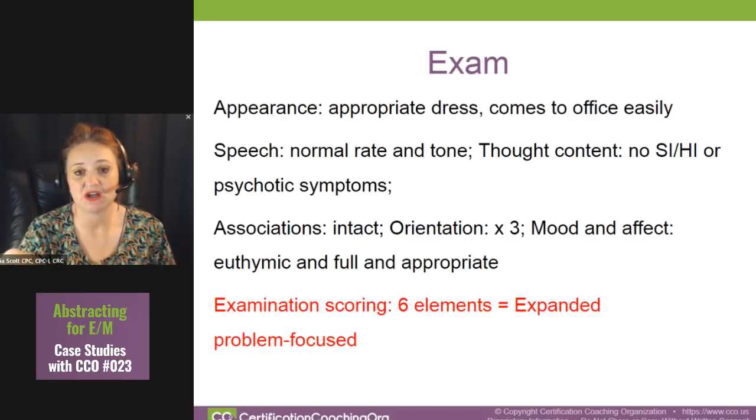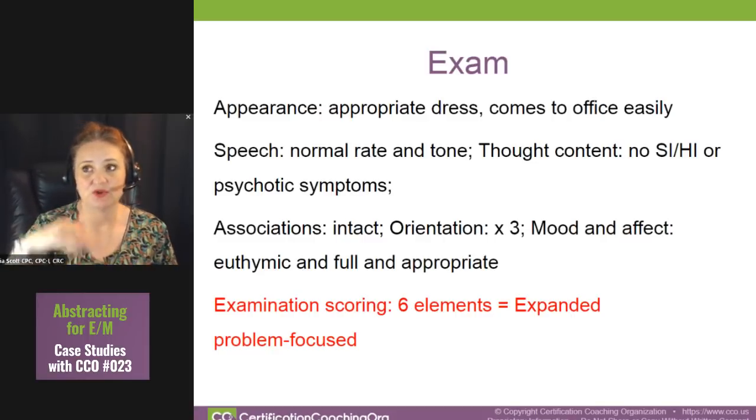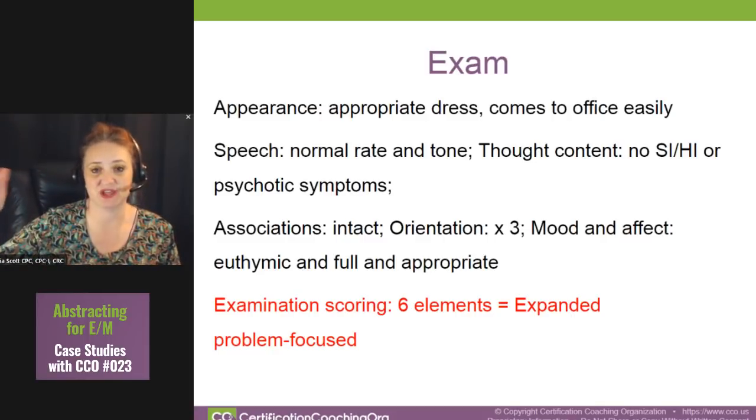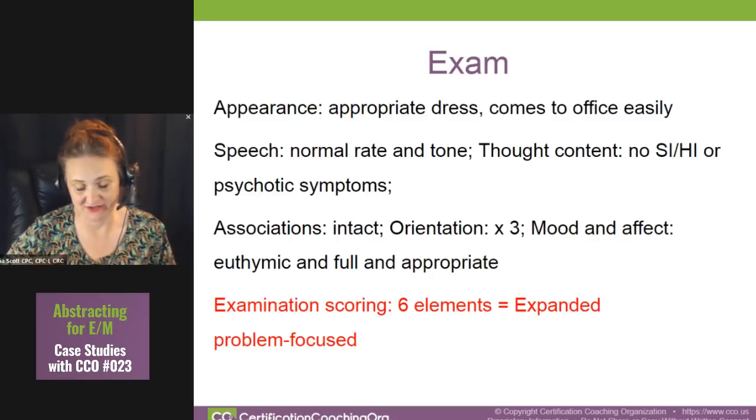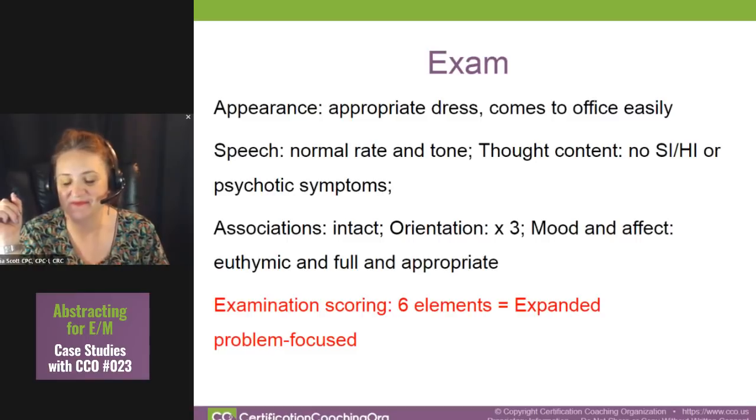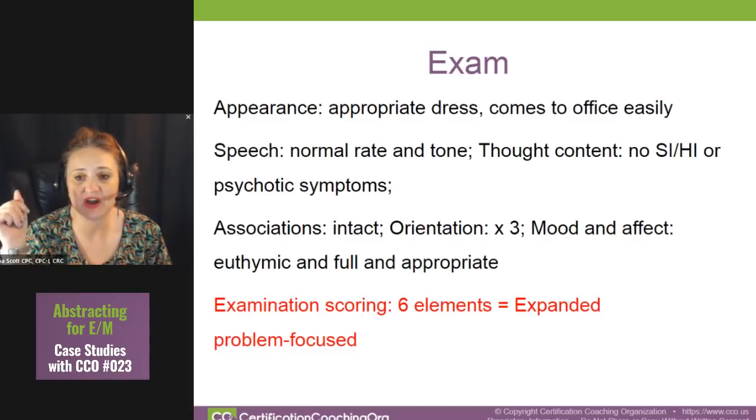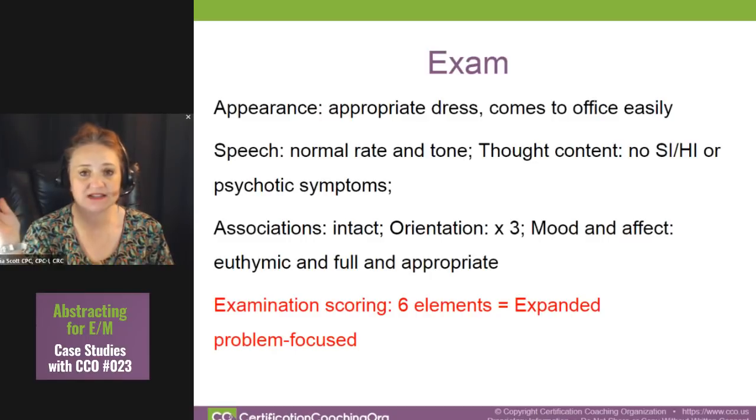So we don't have a child that's talking way too fast, and their tone, they're not too loud. Usually they're too loud. Very seldom are ADHD children very quiet. And then thought content. We have no SI or HI or psychotic symptoms.